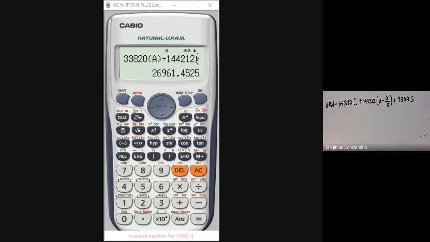So that is the shortcut for the calculator, okay? You can solve this by using just your pen and paper, but I want to show you the easiest and quickest way, okay?